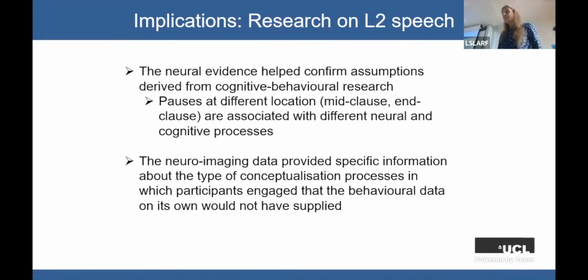But we also found, which was interesting, that the neuroimaging data actually gave us additional insights that we might not have seen just based on behavioral data. We might have assumed that the theory of mind network is involved, but this is not something we would have figured out just based on the psycholinguistic data we had. So in a way, the triangulation of these two data sources led to new insights.